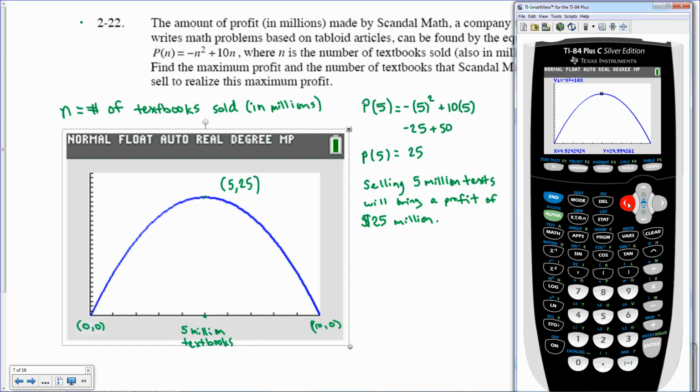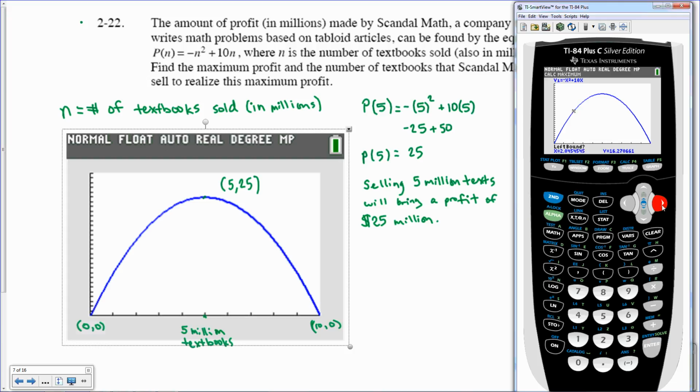Now pretend you're not at the very top, you're somewhere else. You can also find the maximum or minimum of a parabola or any function by doing second trace and going to the calculate menu. Since our parabola opens down, we want to find our maximum, so number 4.